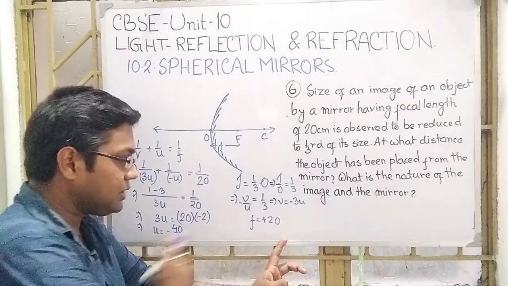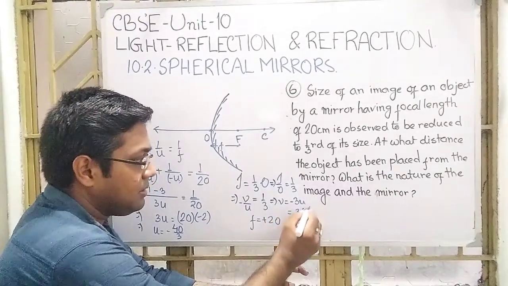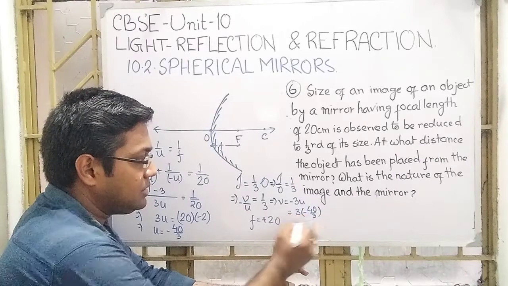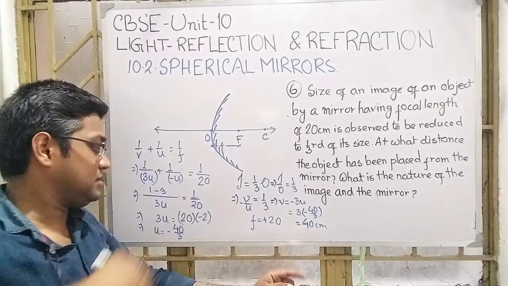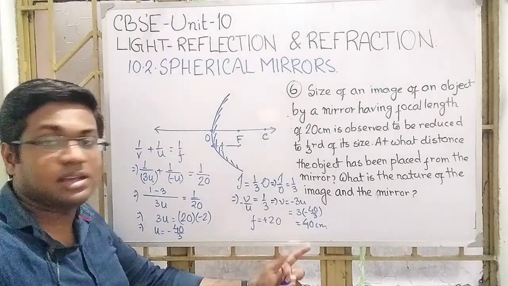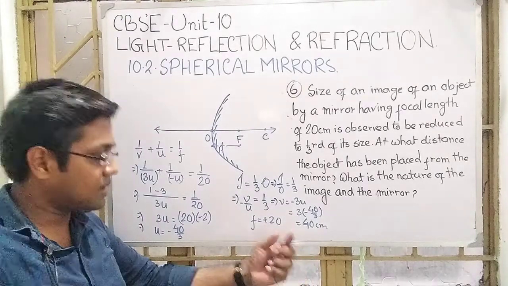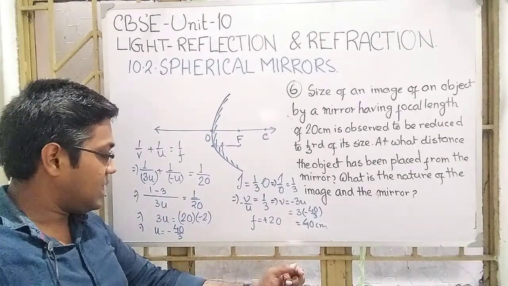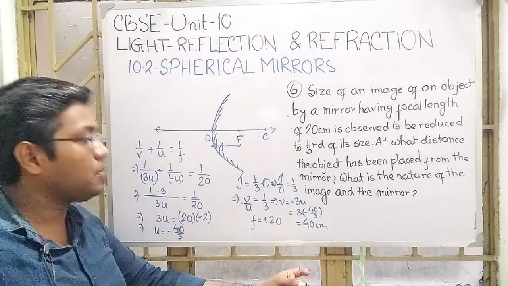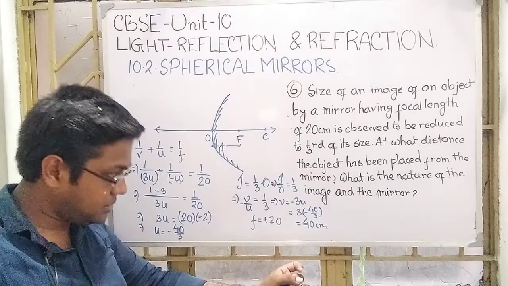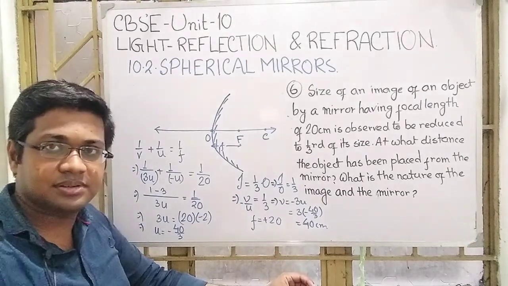If I place u equal to minus 40 by 3, so this is the thing that we have obtained here. So in case of a convex mirror, if I place the object at a distance minus 40 by 3 in front of the mirror, we get the image at 40 centimeter.